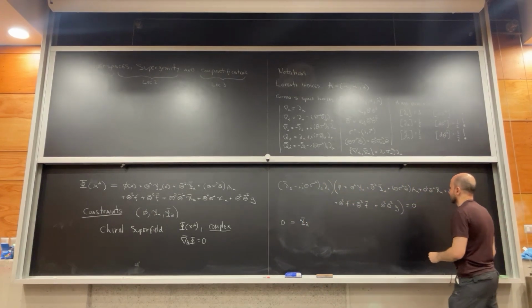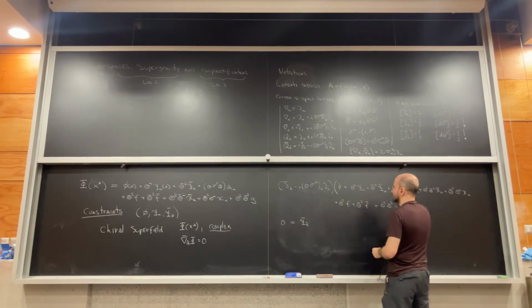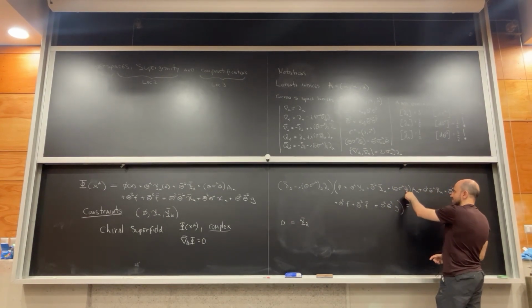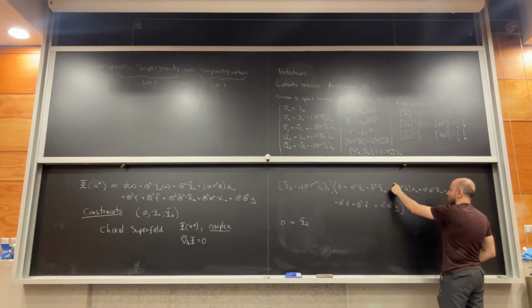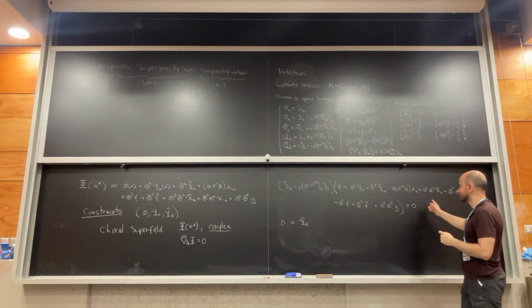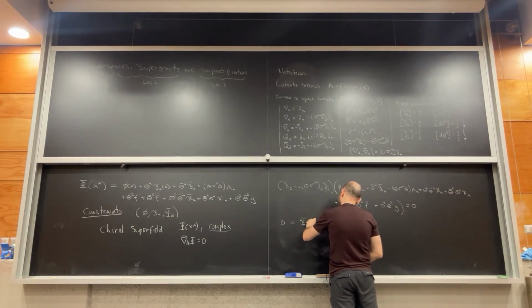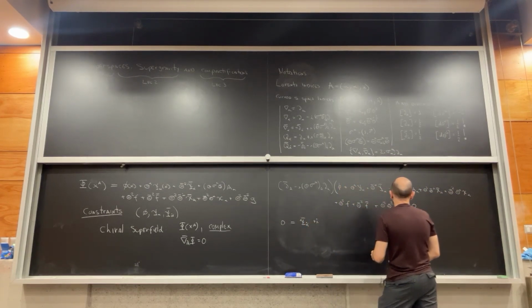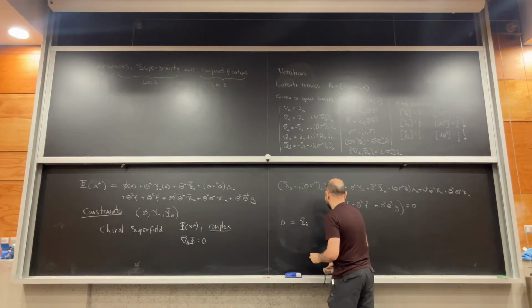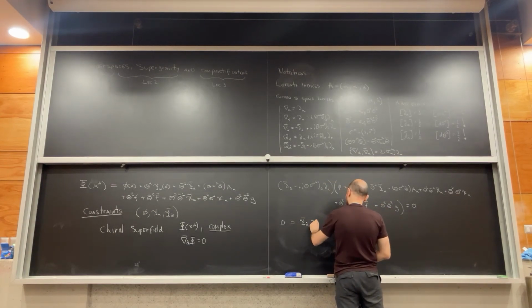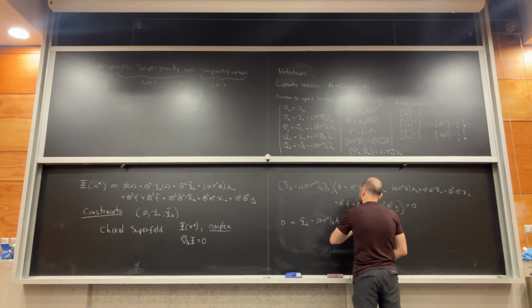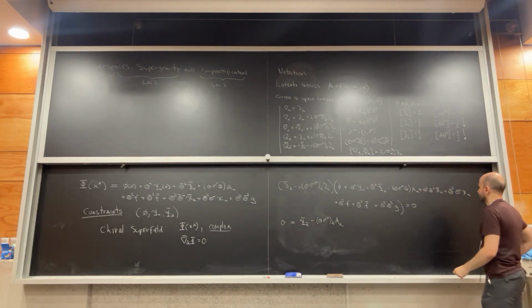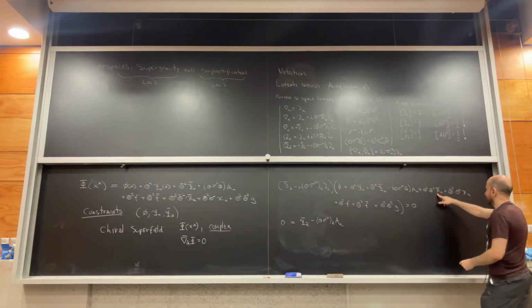psi bar. Then if I come here, I have to derive with respect to this theta bar, but my derivative has to go over this theta. So I get a minus sign. Minus, sorry, over here, so minus theta alpha A with an index alpha dot, my vector with index A. Then I go over here, I have to derive this guy.